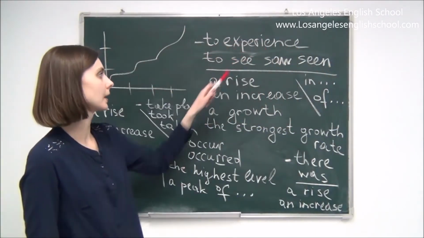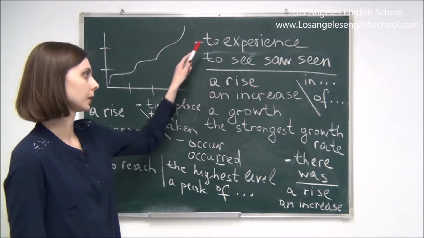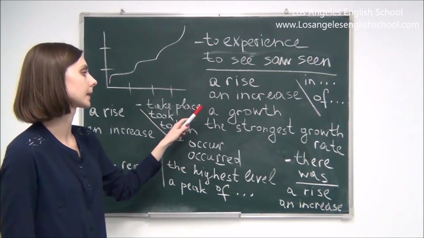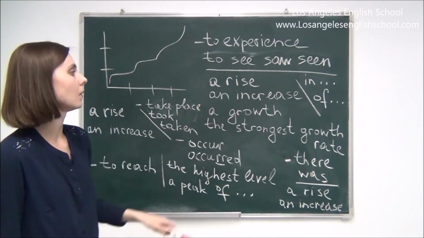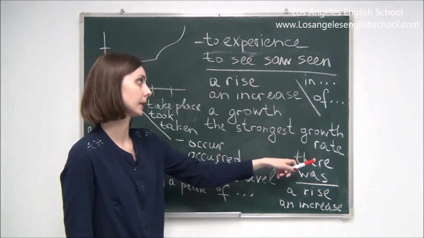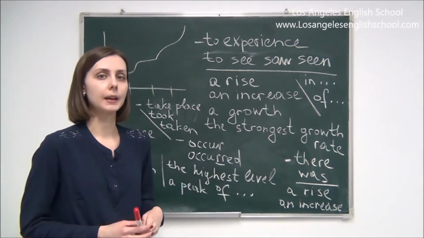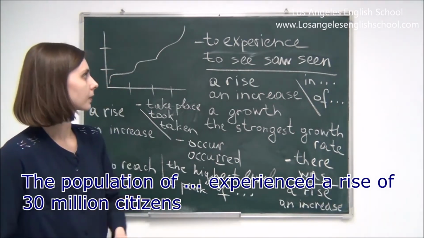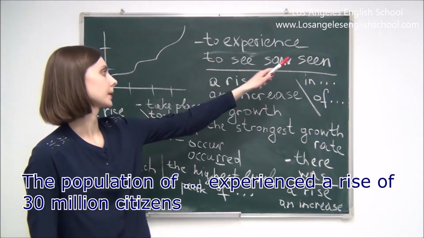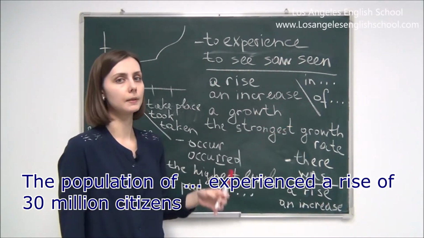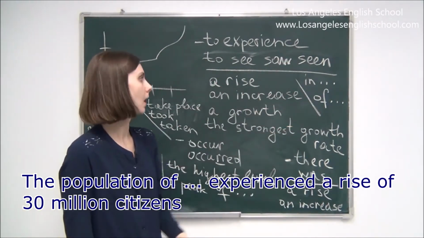To experience a rise, or to experience an increase, or to experience growth, or to experience the strongest growth rate. For example, the population of some country experienced a rise of 30 million citizens.